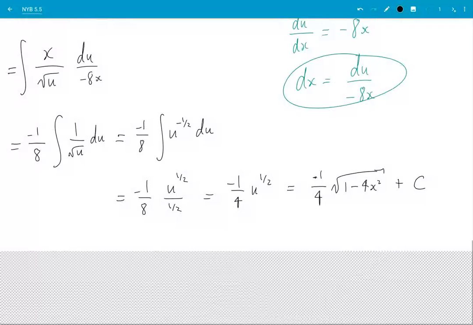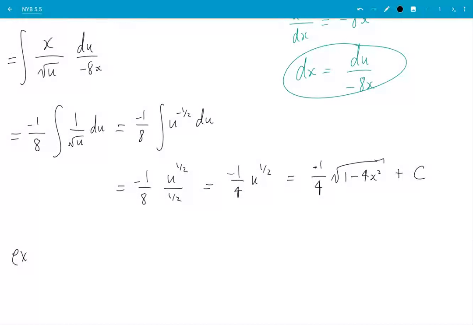Okay, let's try a tricky example. X over 1 plus x to the 4 dx.